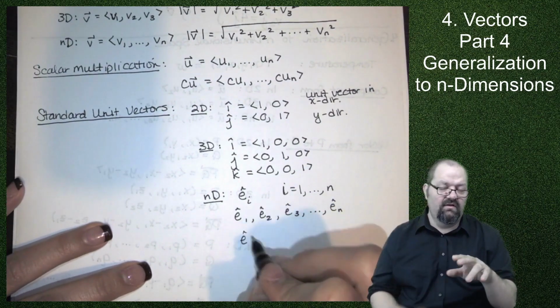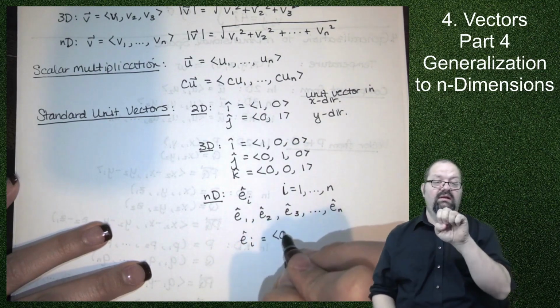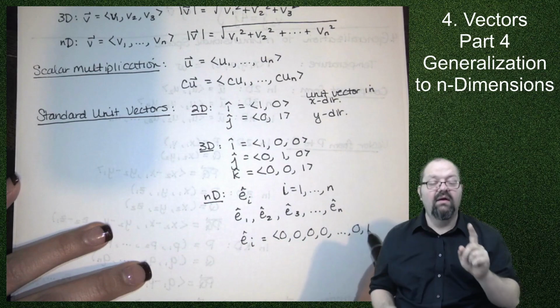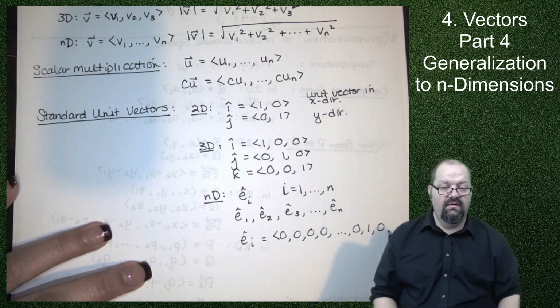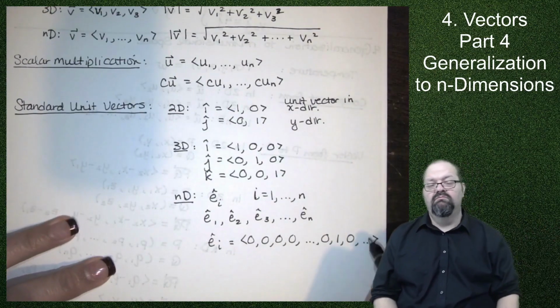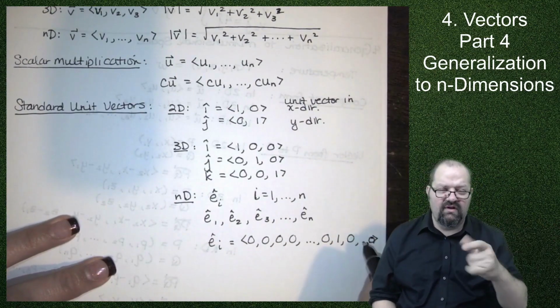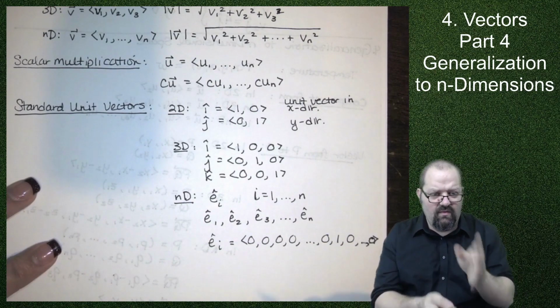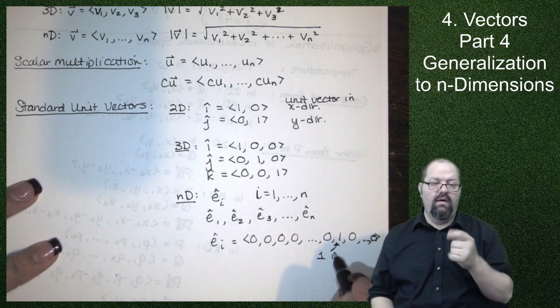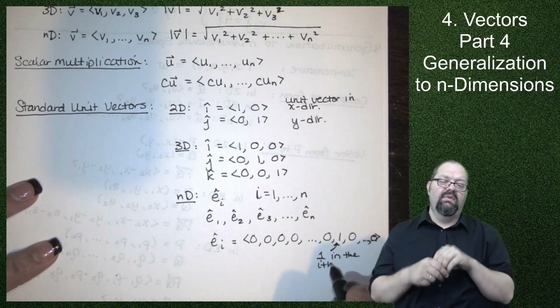And e sub i, that vector is just a bunch of zeros everywhere, until you get this 1. You're going to have 0, 1, 0, and then you're going to have a bunch more zeros at the end. It doesn't go on forever. There should be zeros at the end. That's it. This is a 1 in the ith position.